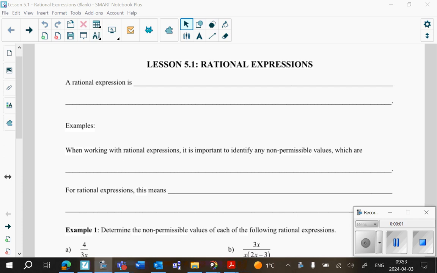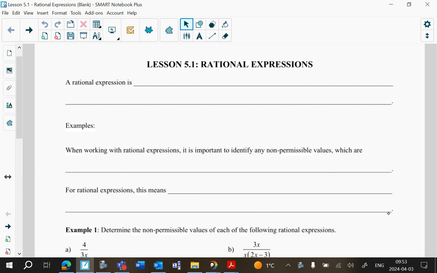So we have a couple of units left to do. And basically, both of them are going to be a lot about fraction expressions, algebraic fractions, which we call rational expressions. I had told you guys on several occasions that in math, when you see the word rational, think fraction.